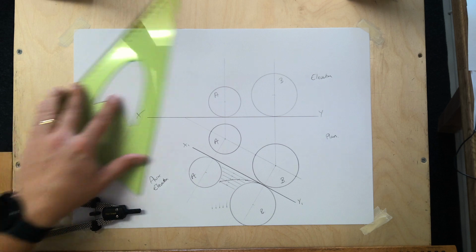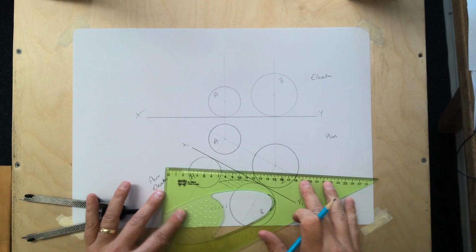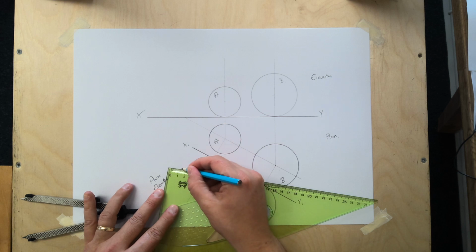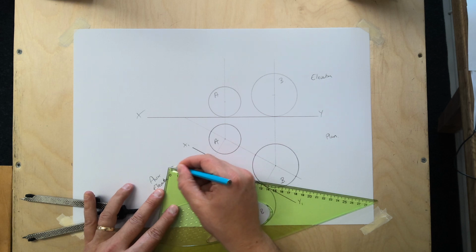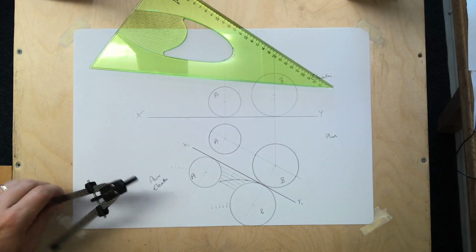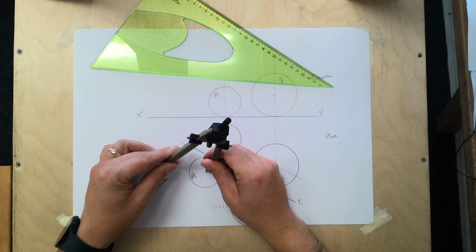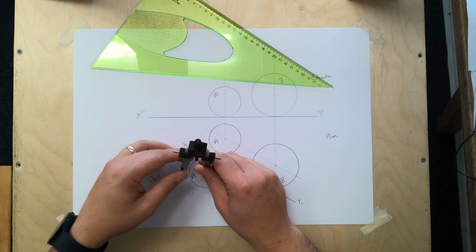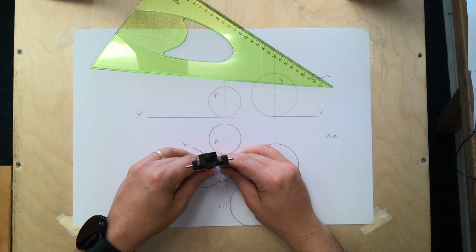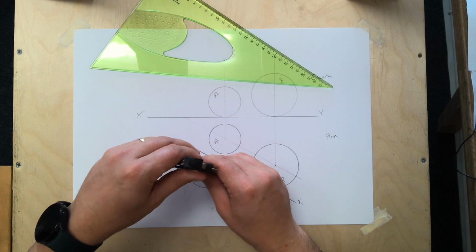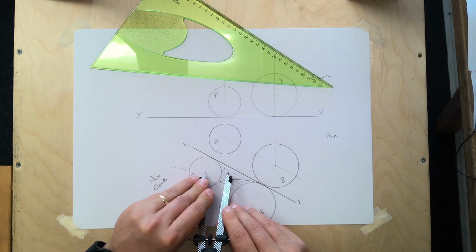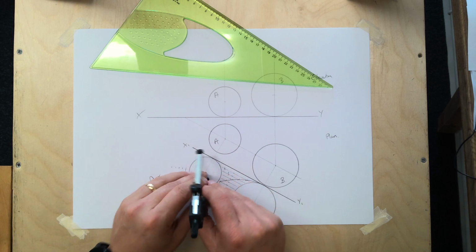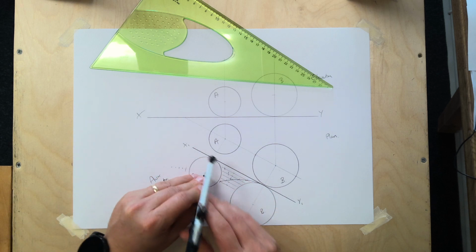Now we're going to repeat the process for A. So I'm going to add out my 5mm radiuses. 4, 5. All right, so A now is my center point. There it is there. First one with the first one. Second with the second. Third with the third.